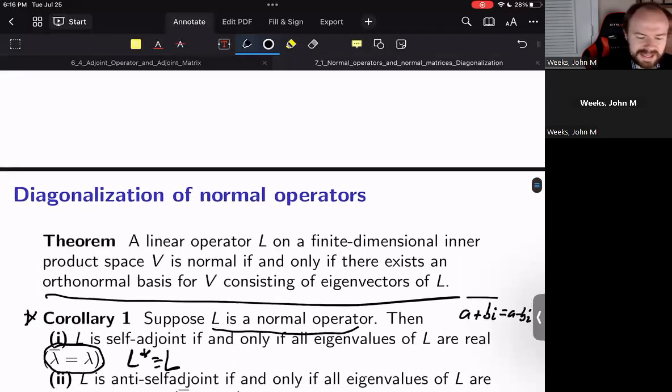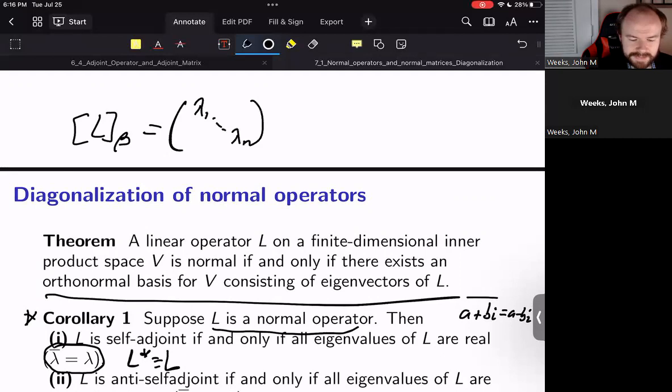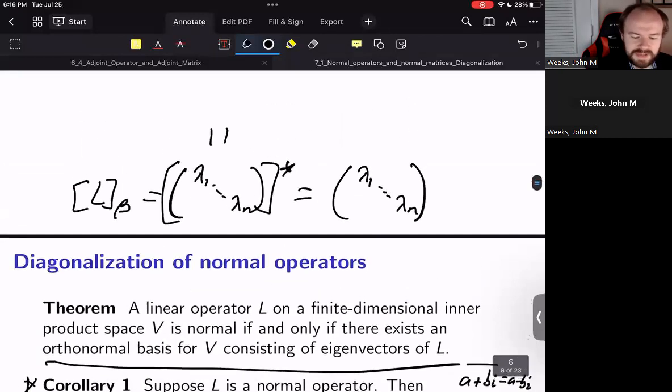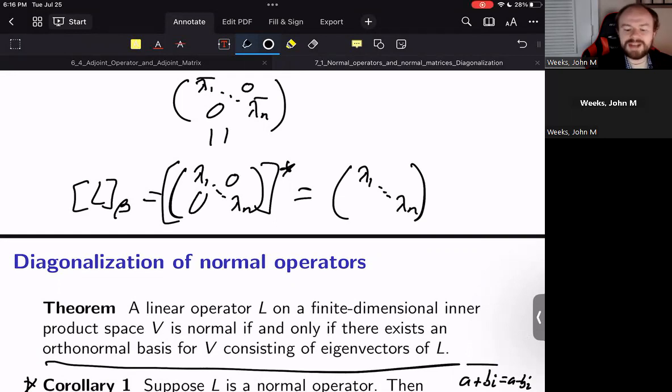Well, we just need to see that whenever I take the matrix of L with respect to this orthonormal basis that's guaranteed from my theorem, this is the diagonal operator of all these lambda 1 through lambda n's. So if I try to take the star of this, and I know that the star of this is equal to the operator itself, the same matrix as before, say if I'm starting with a self-adjoint matrix, then because this bar takes the complex conjugate of each of these entries, I know that these two matrices also have to be equal to each other.